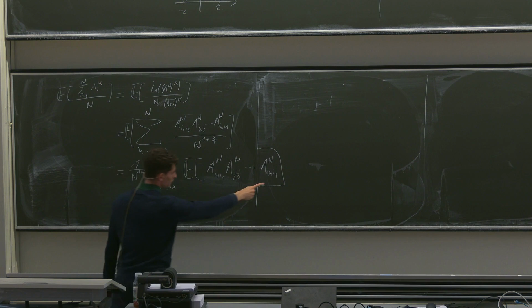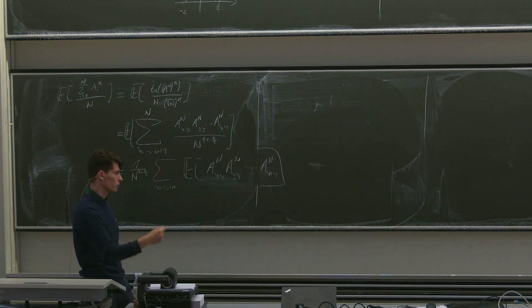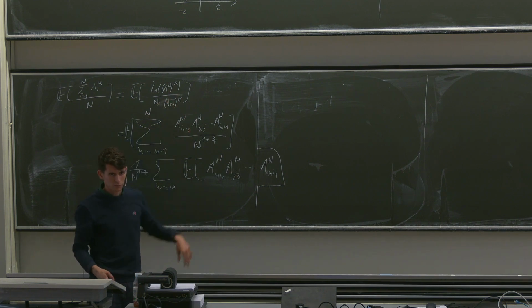The reason why the last one is I1 is because I'm taking the trace, so all the quantities would be on the diagonal of this matrix A_n to the power k. Okay.